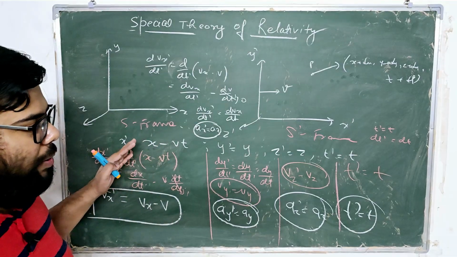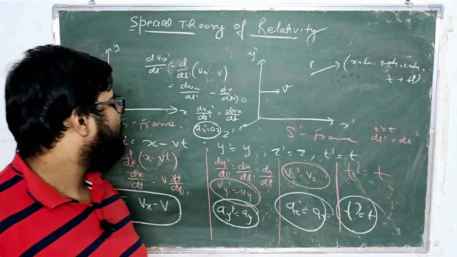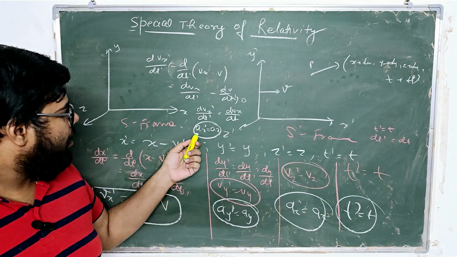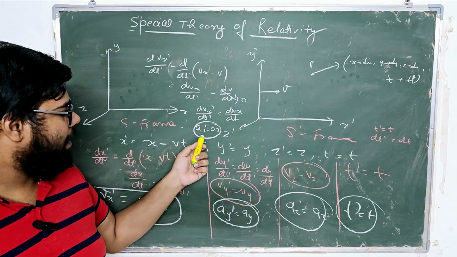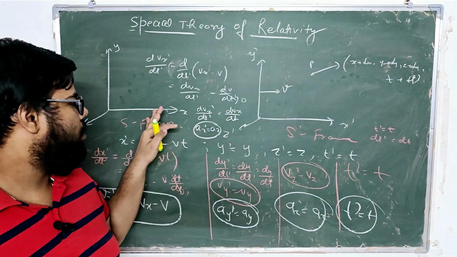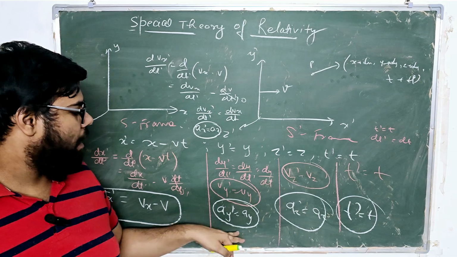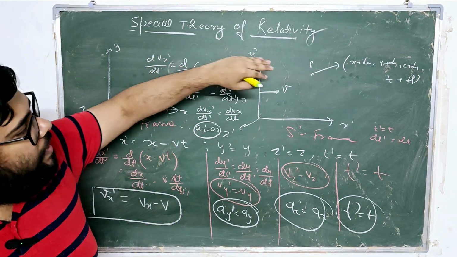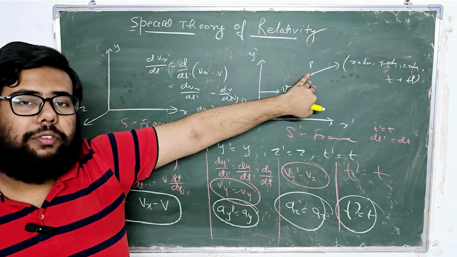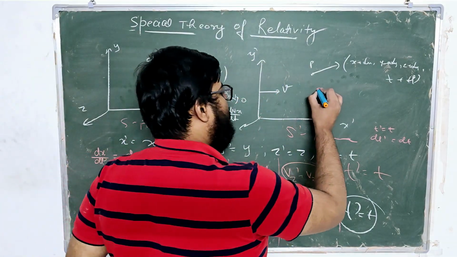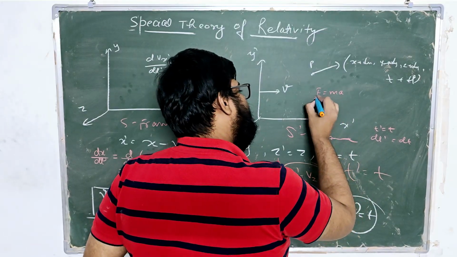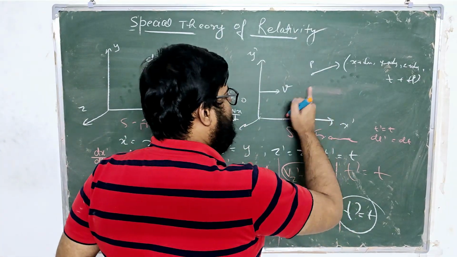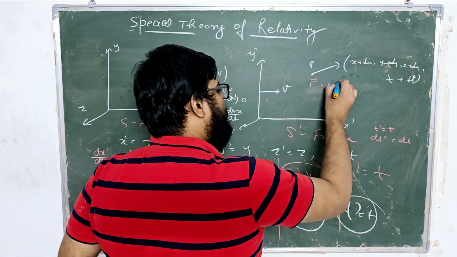Now one thing to note over here is that the acceleration along the x axis in both the cases is the same, and in y and z also, which means that if this observer observes that a force is applied on this object, suppose force F, since we know F is equal to ma, the force vector is given as m times the acceleration vector.